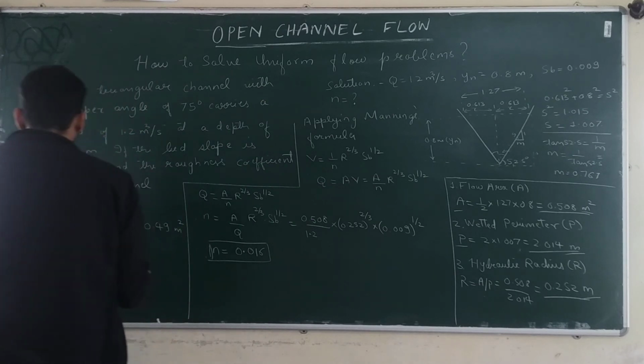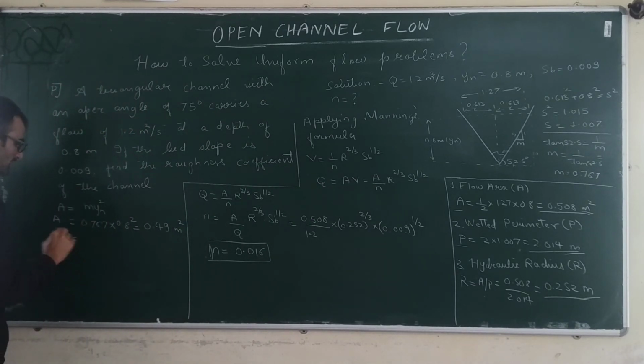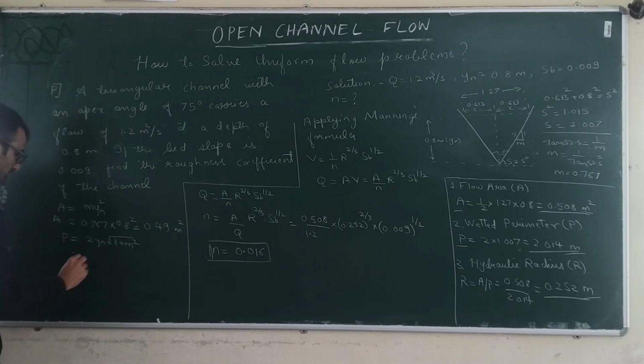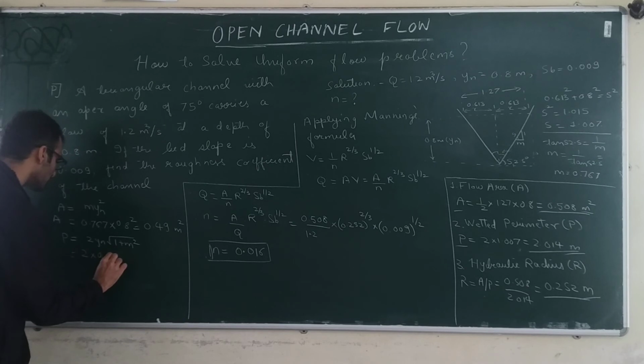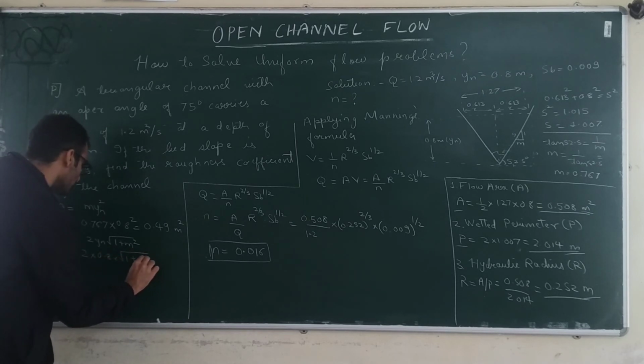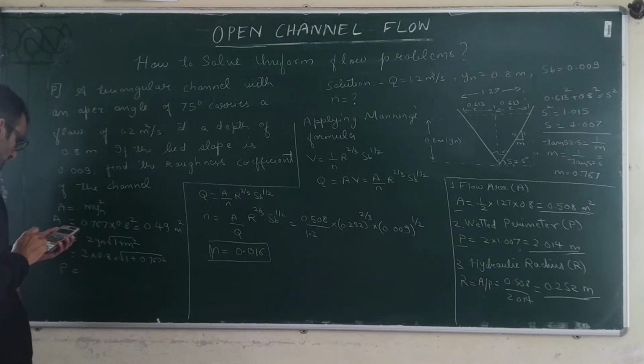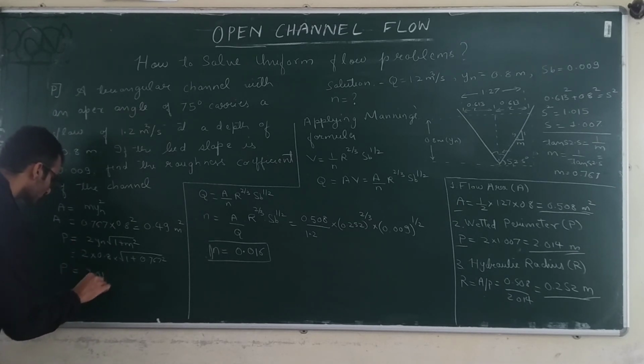Similarly, you find out the perimeter. The perimeter by our formula was twice yn under root 1 plus m square. This you remember for a triangular cross section. So that is 2 into 0.8 into under root of 1 plus 0.767 square, which is 2.01 meters.